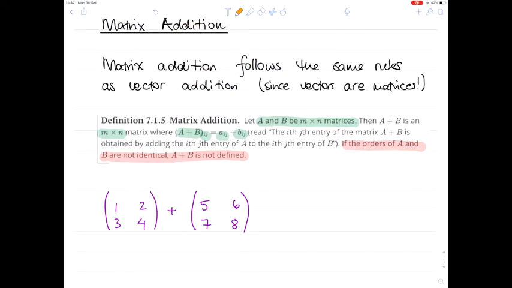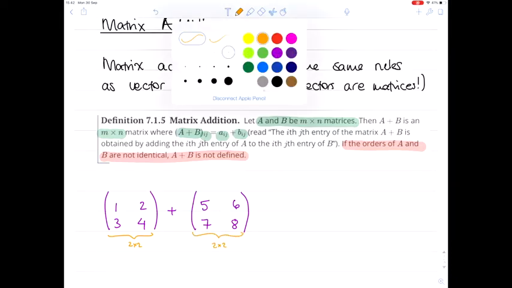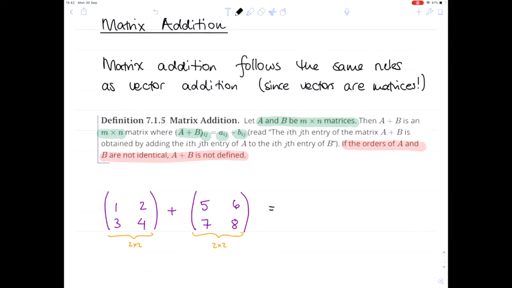Okay, so let's go ahead and add these two matrices. So first let's check this is a 2 by 2 and this is a 2 by 2. So we can add them, and we know that the result is going to be a 2 by 2. So it's going to have 4 entries like so.